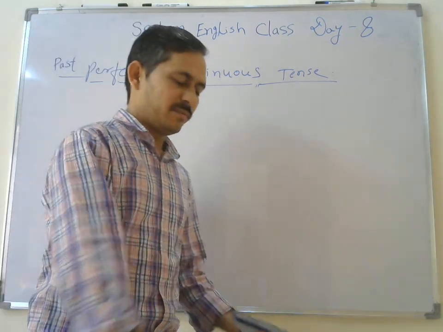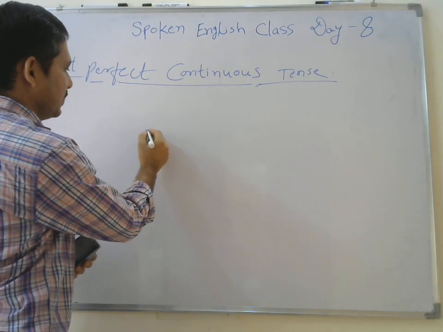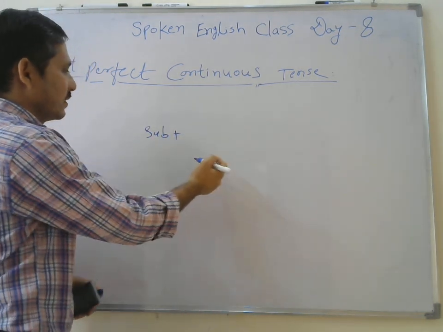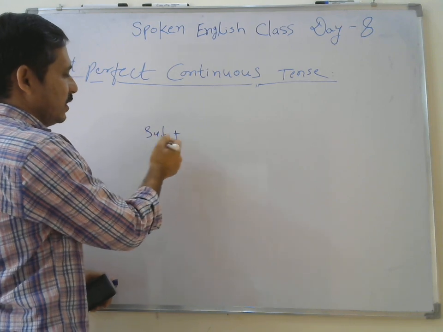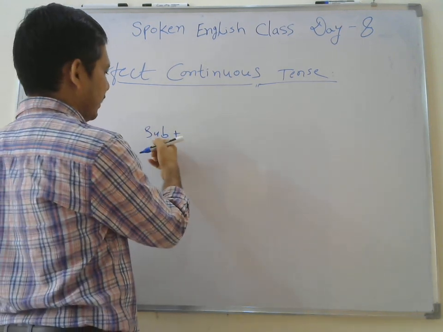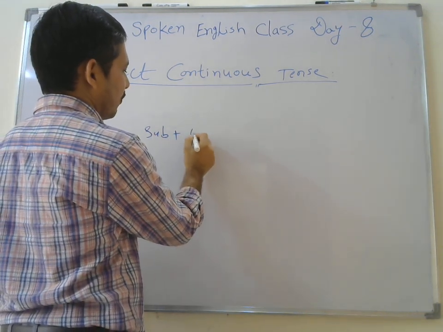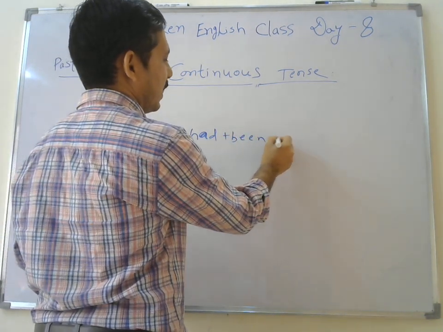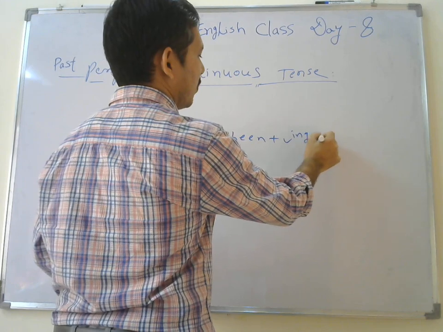While writing, you will be writing slowly. Reading, you may do at one glance, but while writing by hand: subject plus your helping verb, plus been, plus your verb ing form, plus your object.